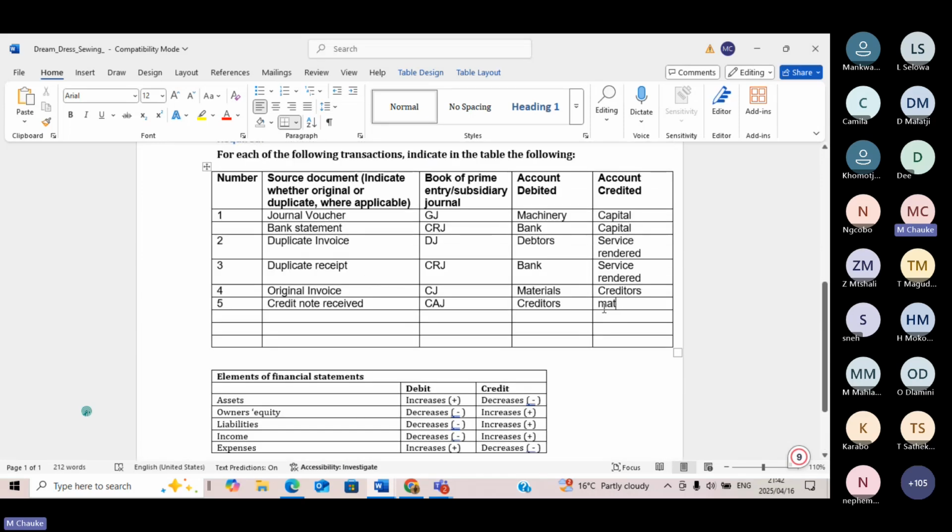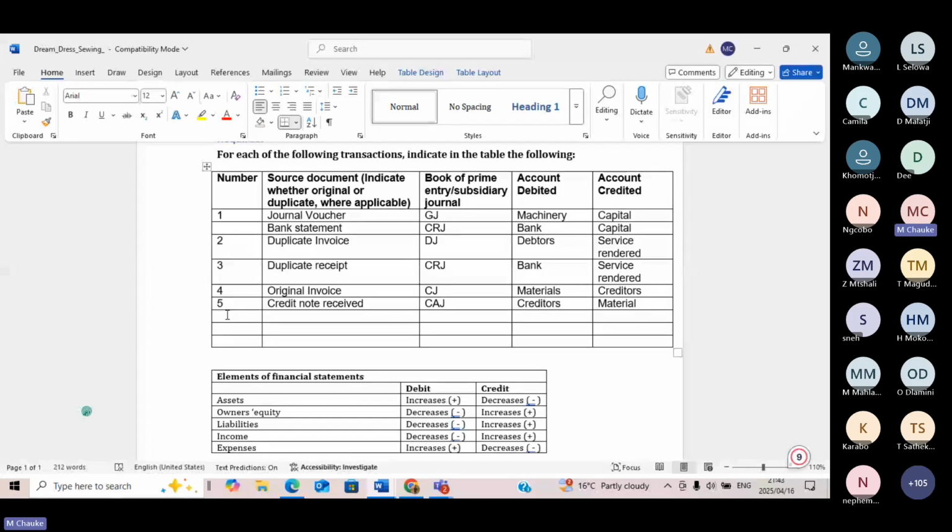So that is why I'm crediting our material. Again, it's just the vice versa of transaction number 4. I don't know if you follow or if there's any question. Can I move to transaction number 6? Are we good? Yes. If there's any question, you ask and I'll clarify everything.